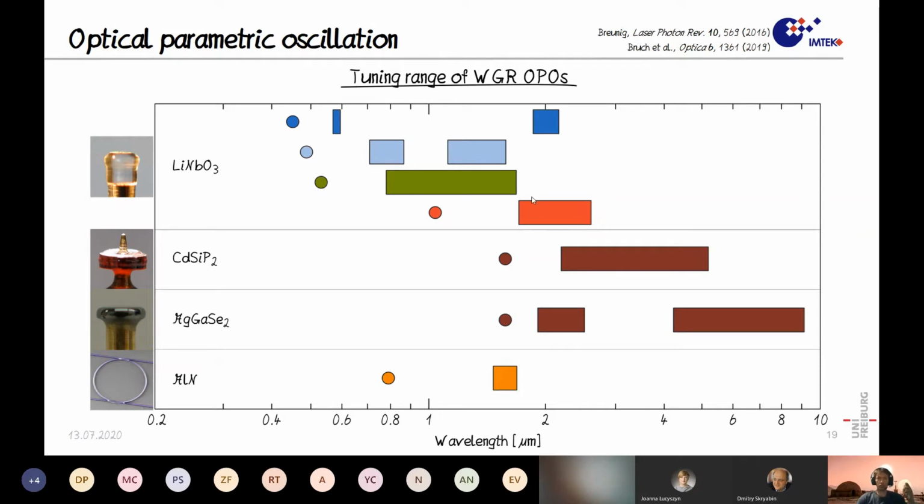This is the green pumped OPO, and the 1 micron pumped OPO goes up to 2.7-ish micrometers. Then we have the cadmium silicon phosphide OPO, which I presented to you up to 5 micron. If you want to go beyond, let's say 6 micron, you cannot use cadmium silicon phosphide anymore. You should use a resonator made of, for example, silver gallium selenide. And here we were able to generate up to 9 micrometers wavelength just from a conventional diode laser.